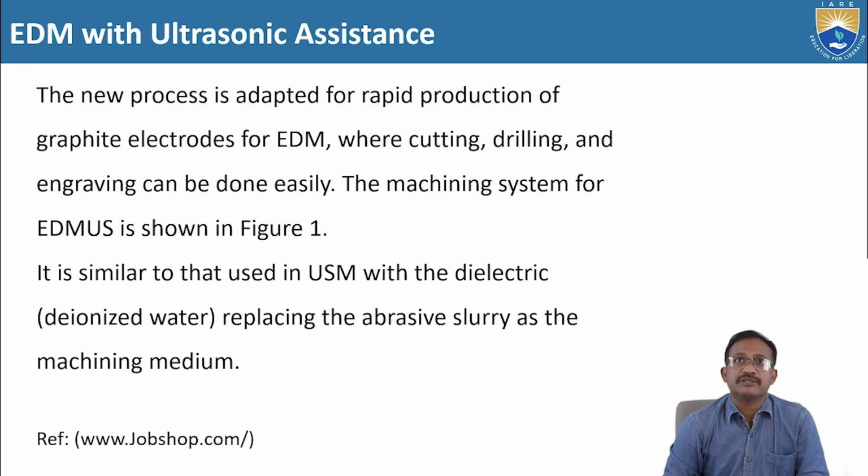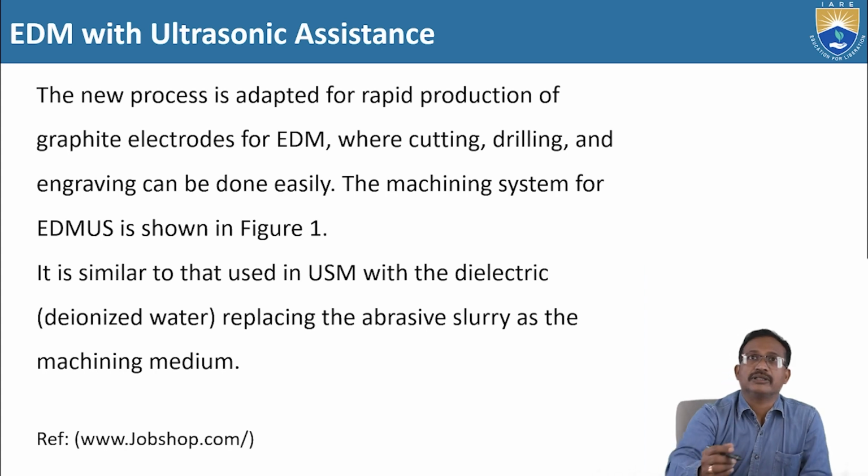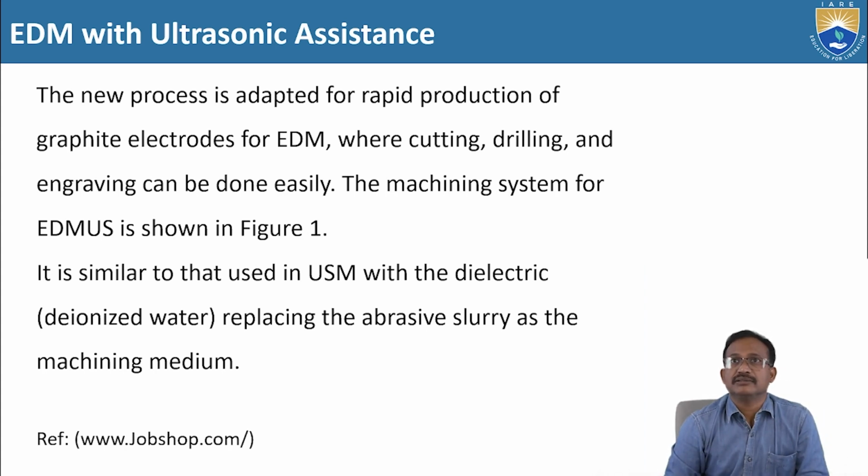The new process is adapted for rapid production of graphite electrodes for EDM, where cutting, drilling, and engraving can be done easily with this new process, that is EDM with US.